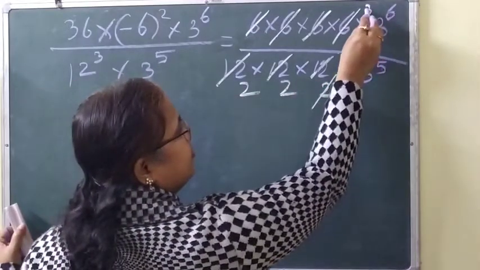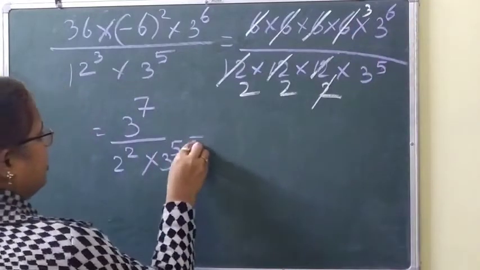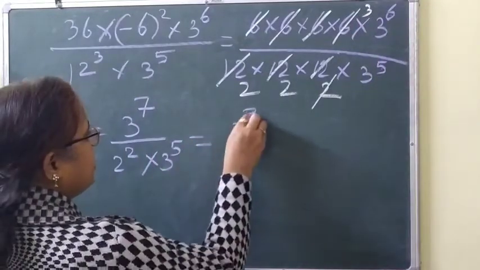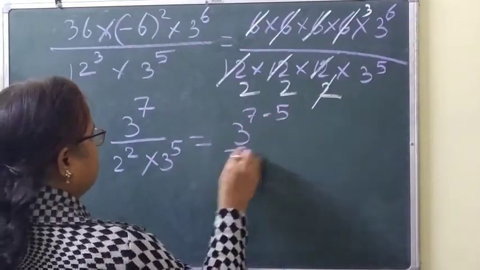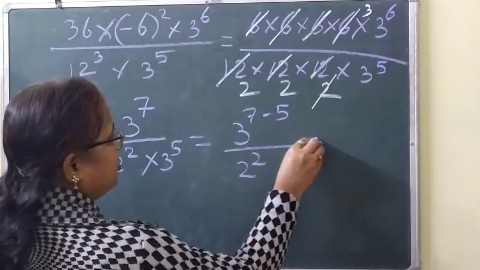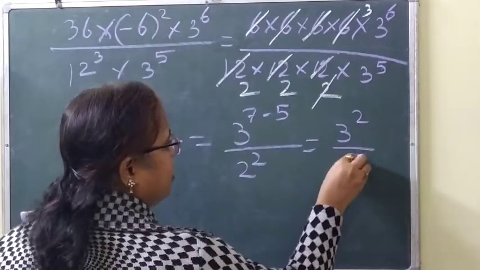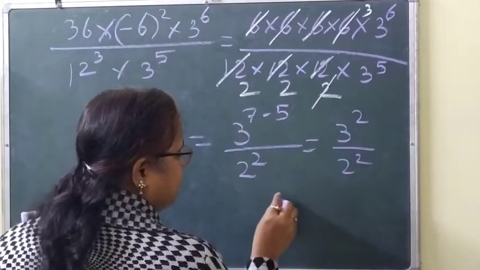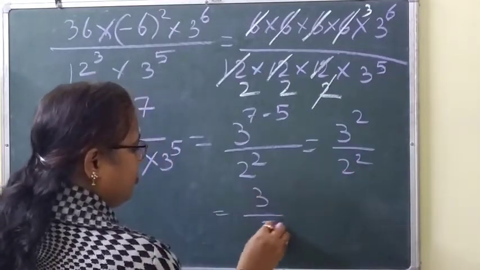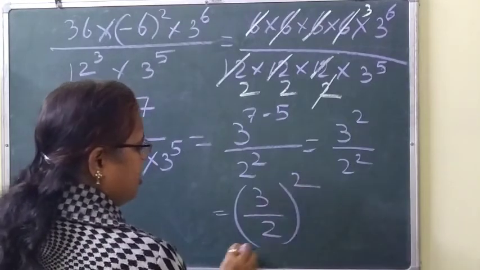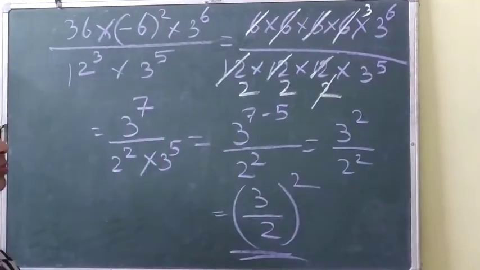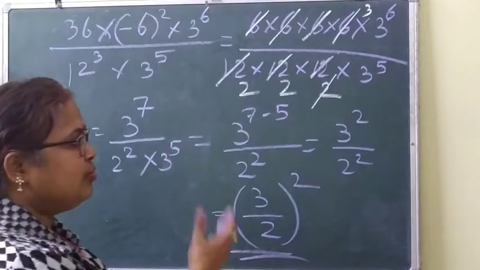This is 6 and 1 here, so 7. Now 3 to the power 7 minus 5 divided by 2 to the power 2. So 3 to the power 2 divided by 2 to the power 2. We can write this way also. This is your answer.